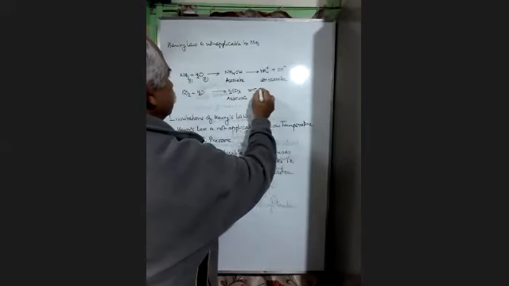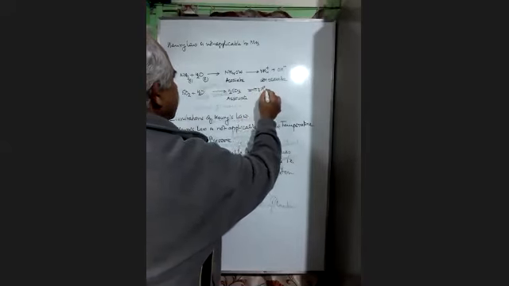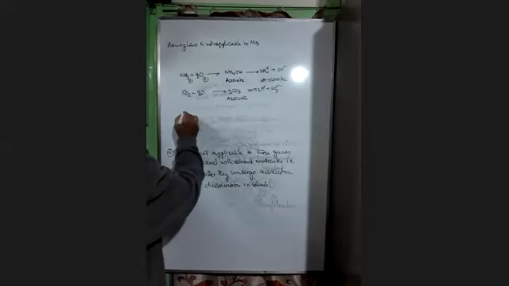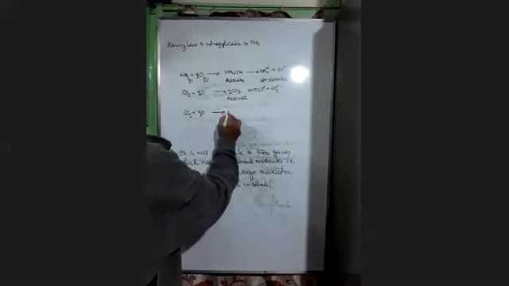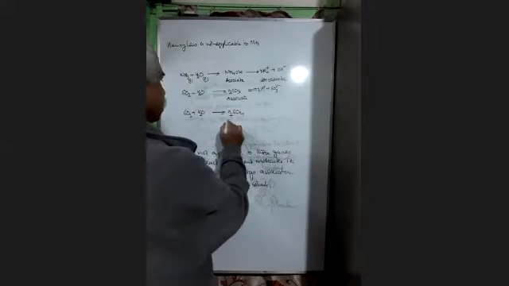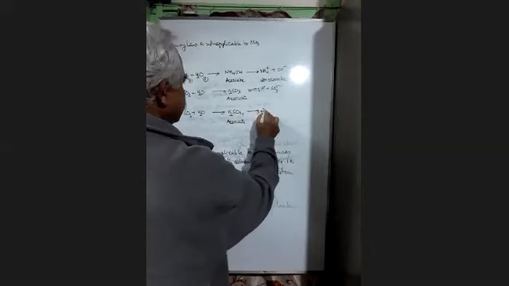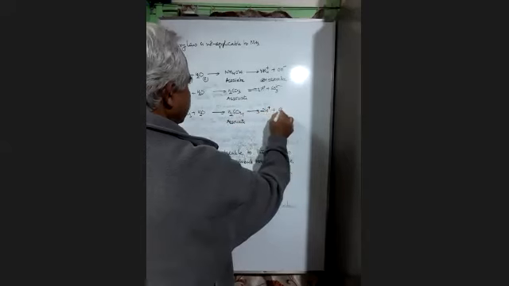Then it dissociates to give you 2H plus and SO3 2 minus. Then SO3 with H2O gives H2SO4, which associates and dissociates to give you 2H plus and SO4 2 minus.